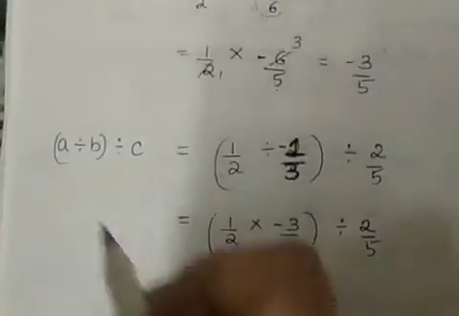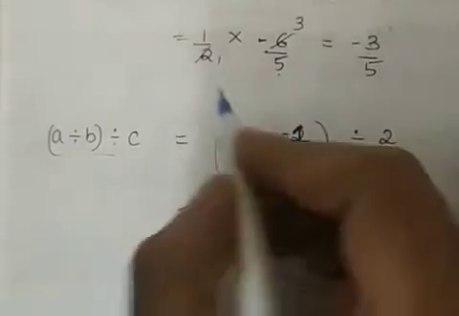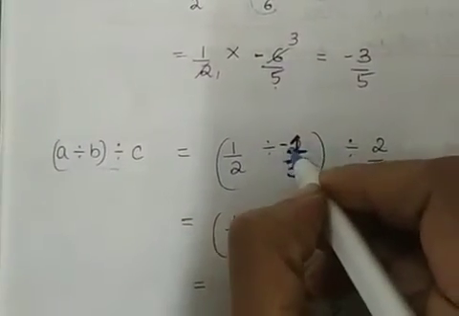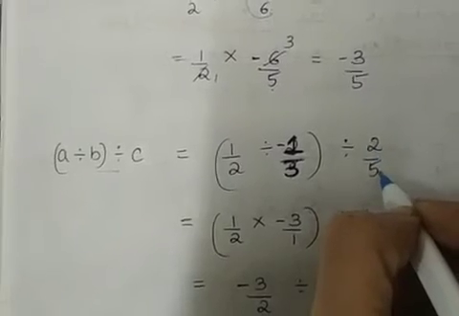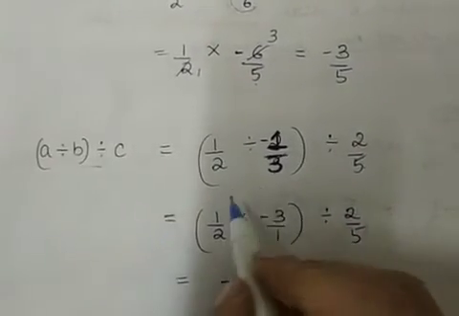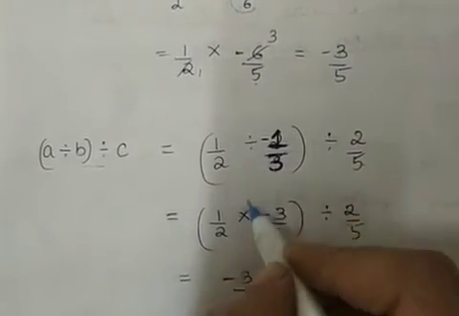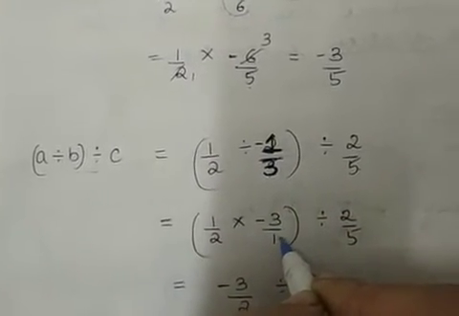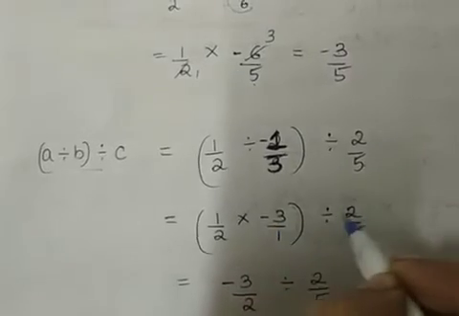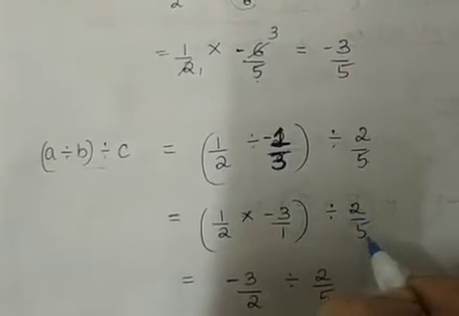Now let us see what you get when you take this. A is half divided by minus 1 upon 3 divided by 2 upon 5. This is equal to half multiplied by, you are changing the sign, so the reciprocal of this is minus 3 upon 1, which is minus 3 itself, divided by 2 upon 5.